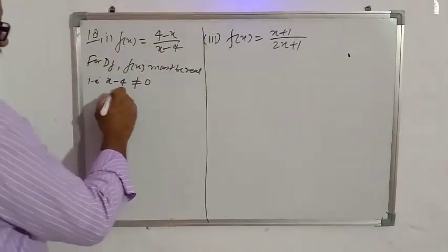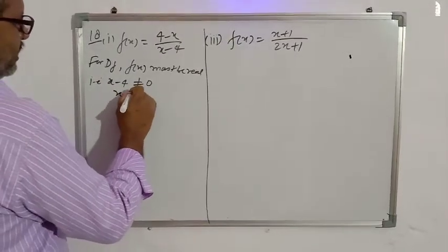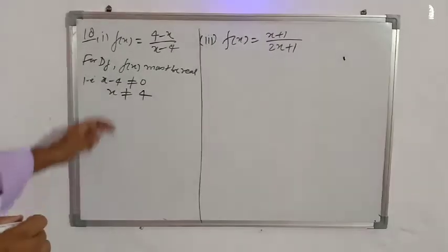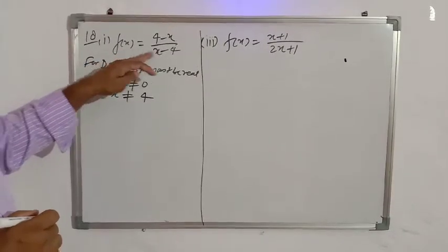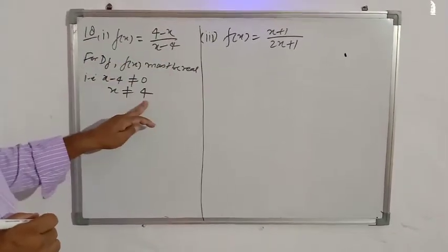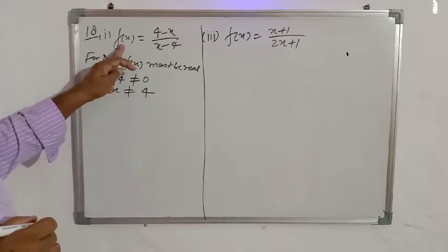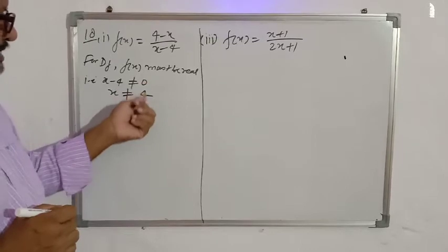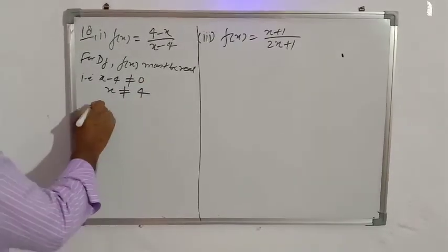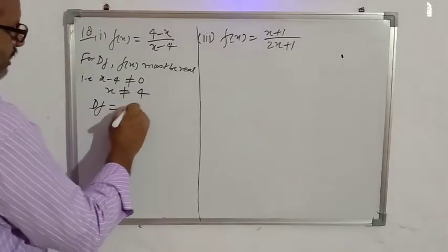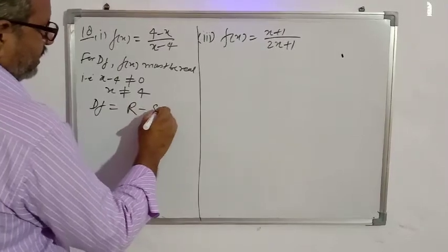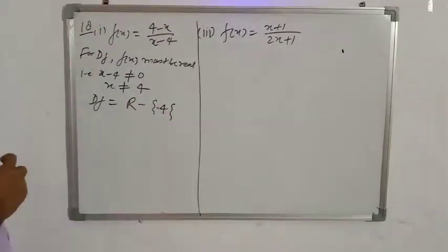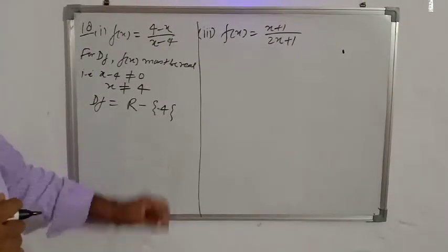So x is not equal to 4. f(x) will be real for all real values of x except 4. So how can we write the domain? The domain is all real numbers except 4. So this is the domain.